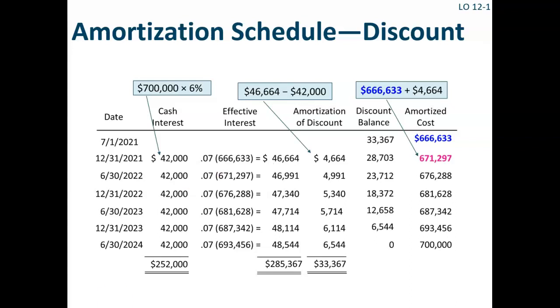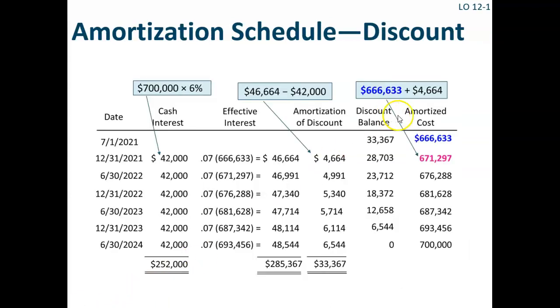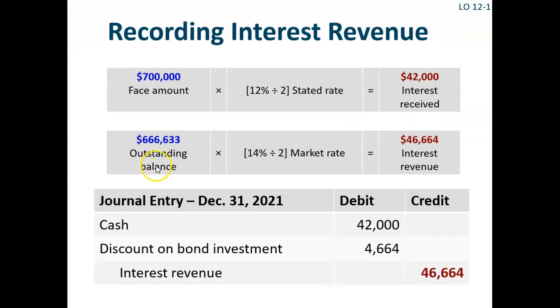So let's go take a look at that again. The outstanding balance that they're talking about here is the same as the amortized cost that they're talking about in this column of the amortization schedule. We'll get to this schedule in a few minutes. So for any 6-month period of time, the interest revenue is calculated by taking the face value of the bond minus any unamortized discount amount.